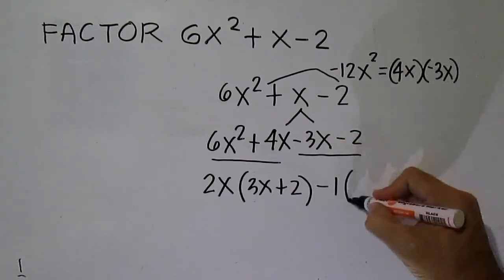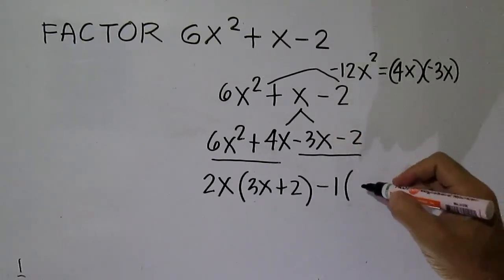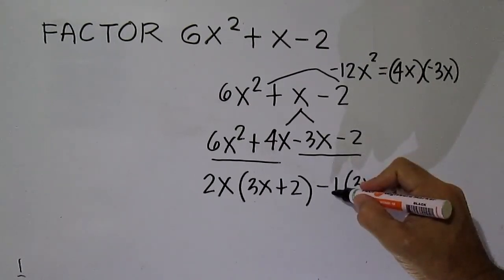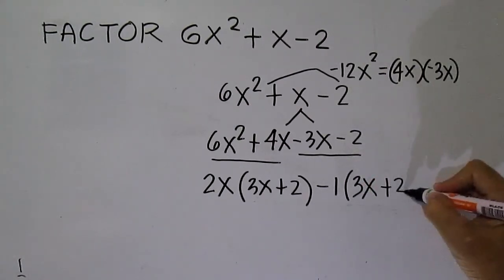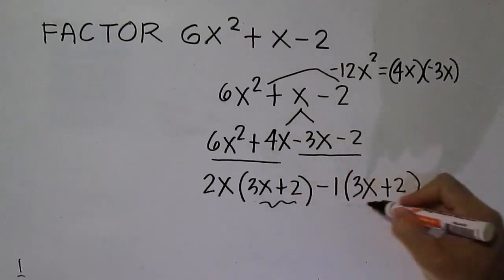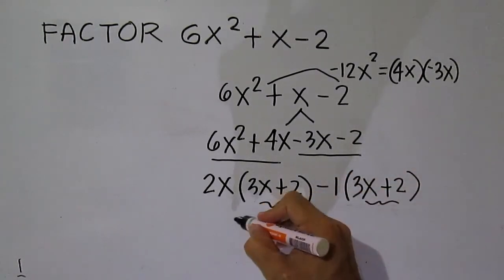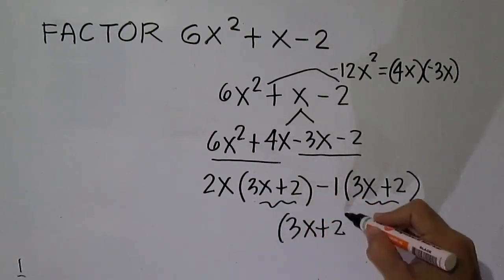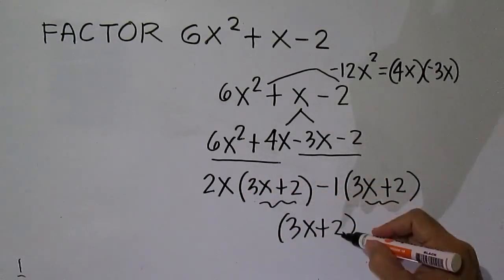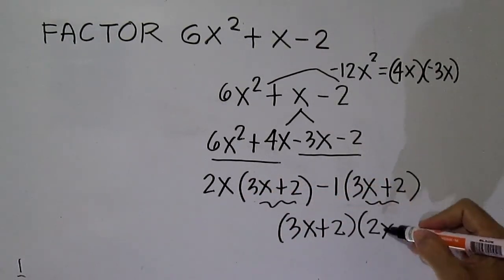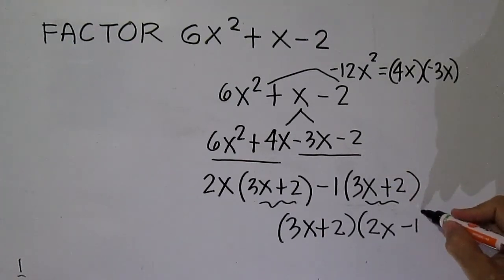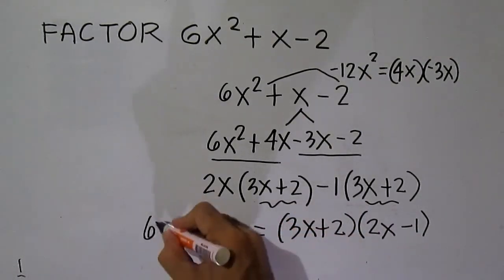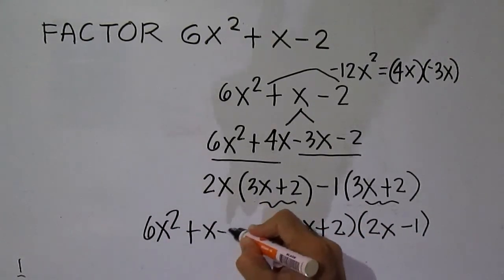Negative 3x divided by negative 1 is 3x. Negative 2 divided by negative 1 is positive 2. Note that we have a common binomial factor. So factor out 3x plus 2. And the other factor is 2x minus 1. These are the factors of 6x squared plus x minus 2.